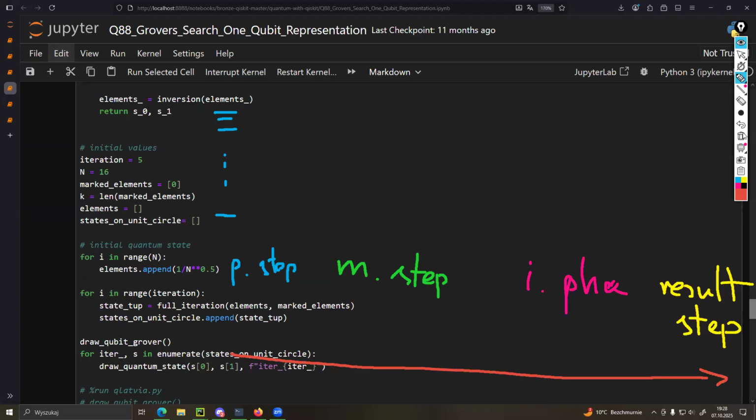So in preparation, we apply H tensor N on every single qubit that we have in our solution space. Why? Because usually this is what we do.